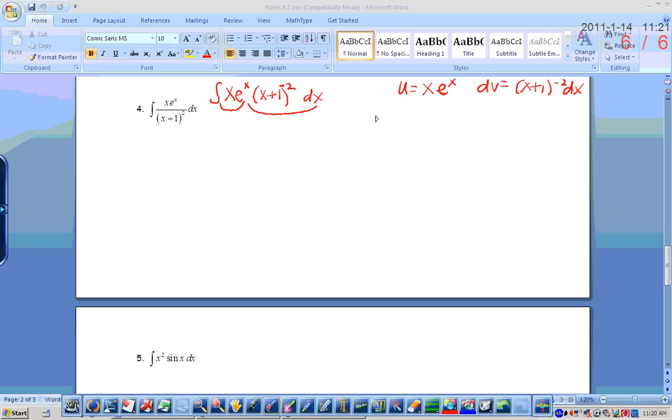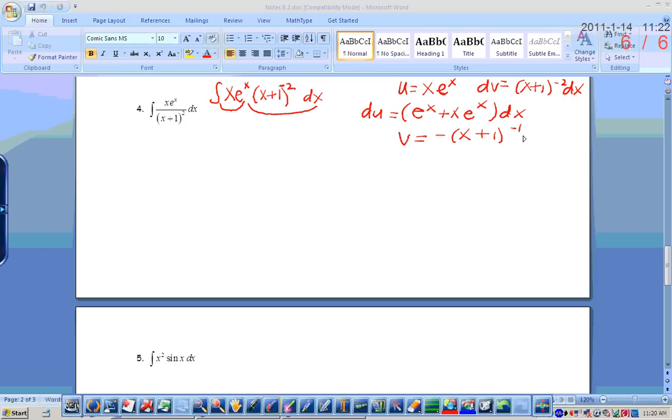Okay, so to find du, what am I going to have to do? Product rule. The derivative of the first times the second plus the first times the derivative of the second. How am I going to integrate x plus 1 to the negative 2? Negative x plus 1 to the negative 1.